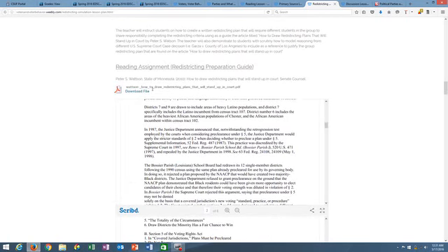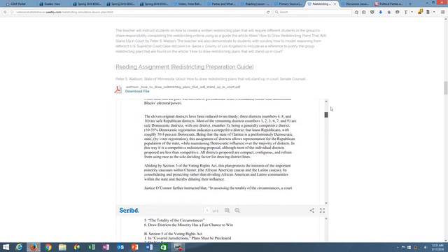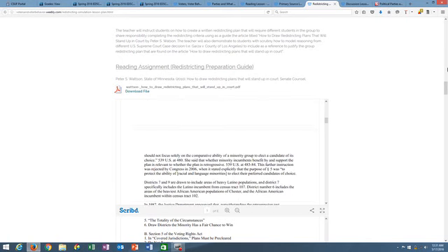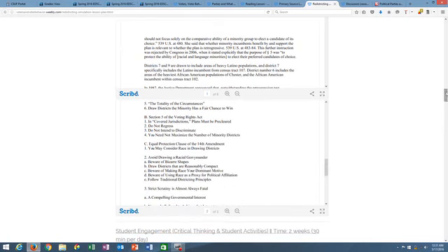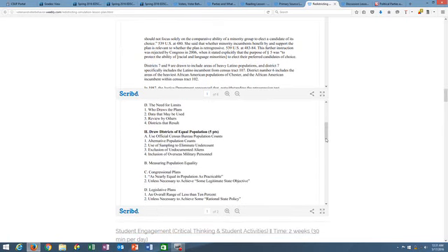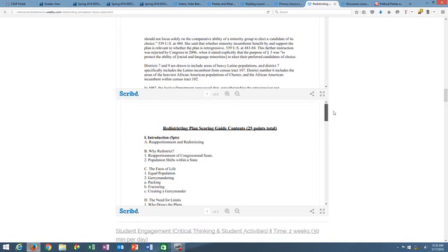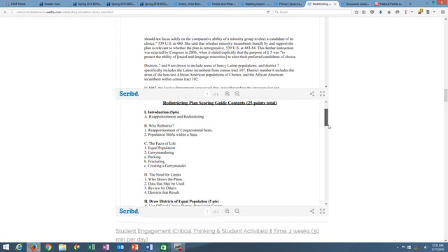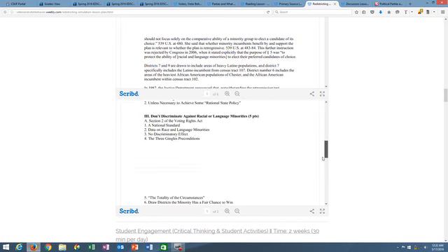They have this reading assignment, how to draw redistricting plans that will stand up in court, and that basically is a rubric for how students are to complete the simulation. That simulation will include this redistricting plan scoring guide, which is the table of contents in the article.